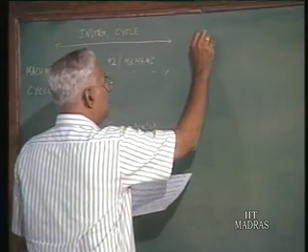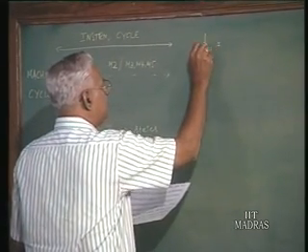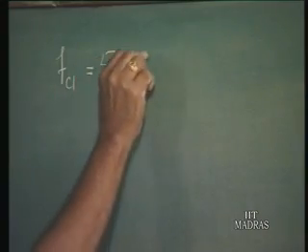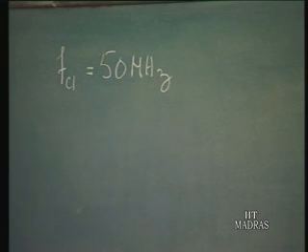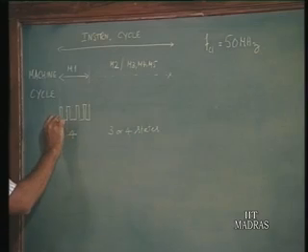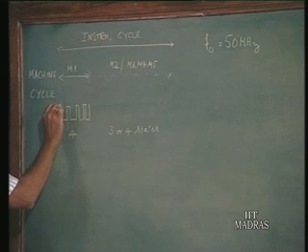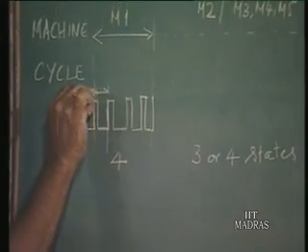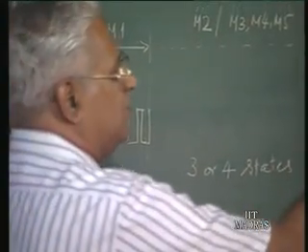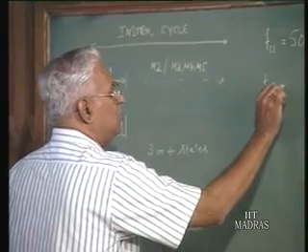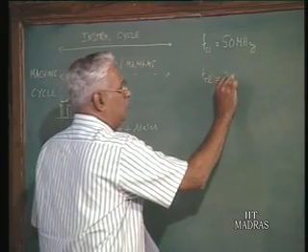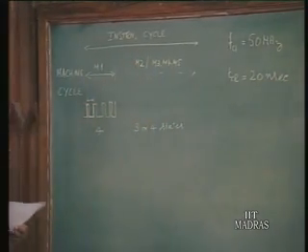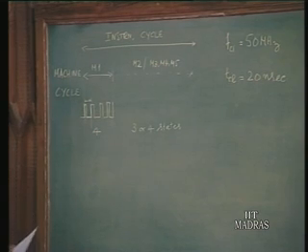The clock frequency is 50 megahertz, from which we know the state duration, say from this point to this point. So this duration, TCL, is 1 over 50 megahertz, which works out to 20 nanoseconds. Okay. 20 nanoseconds. Good, we will check that later.